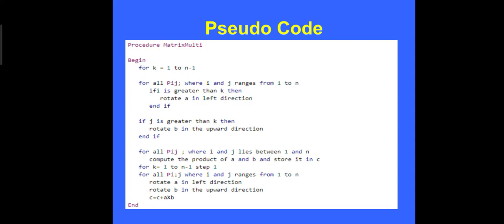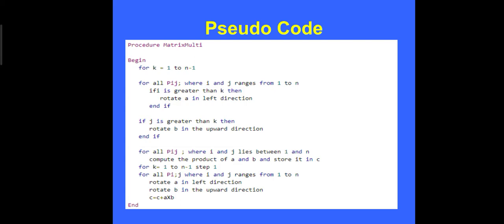The pseudo code given here is: first, for all the processing elements Pij, where i ranges from 1 to n, if i is greater than 1, then we rotate the matrix A in the left direction. Suppose if j is greater than 1, then we rotate the matrix B in the upward direction. Initially, by moving matrix A in the leftward direction and matrix B in the upward direction, multiplication is carried out here.